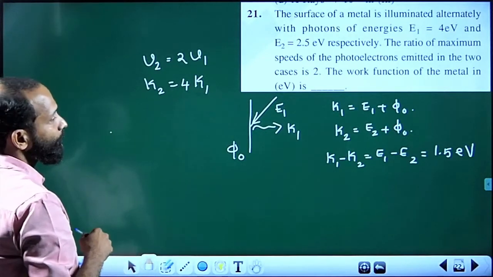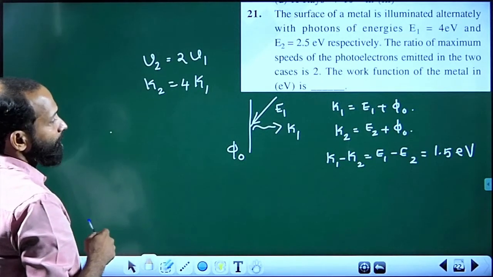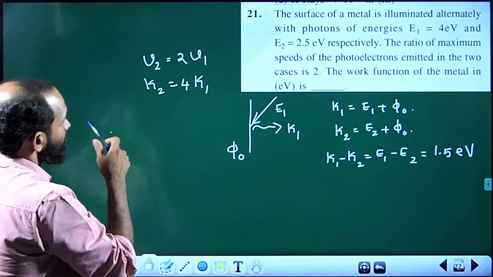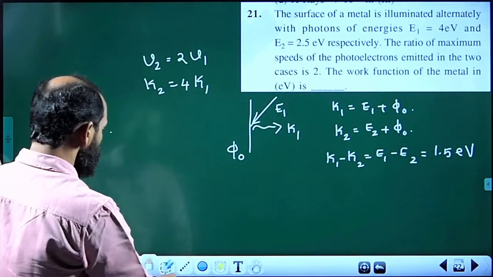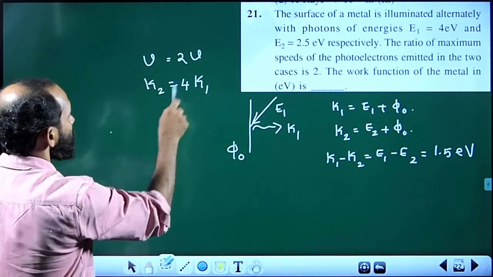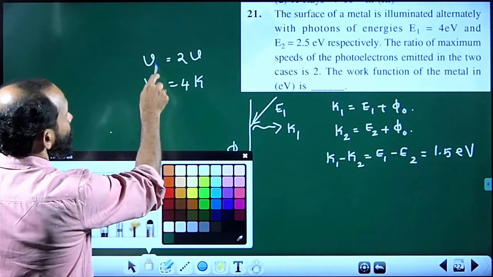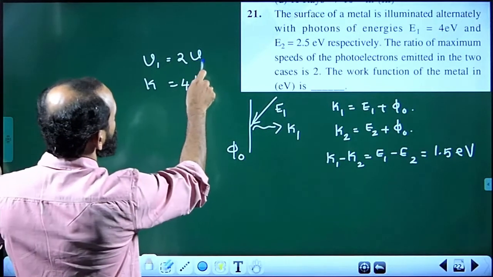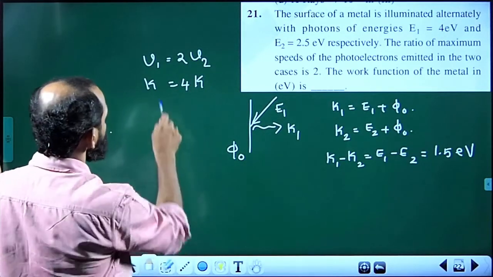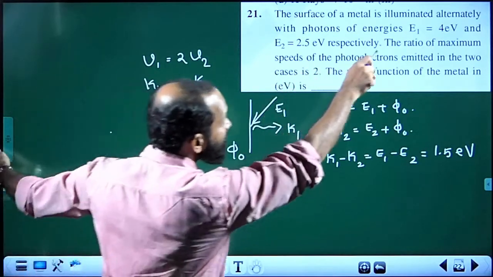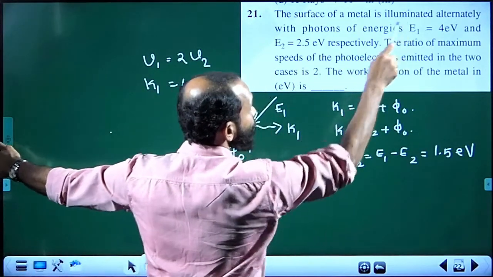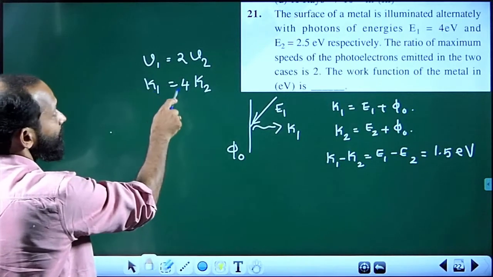So, K2 equal to 4 K1. Sorry, by mistake, that was V1 is equal to 2V2. Then K1 is equal to 4 K2, because the incident energy is more for E1. So, K1 is equal to 4 K2.